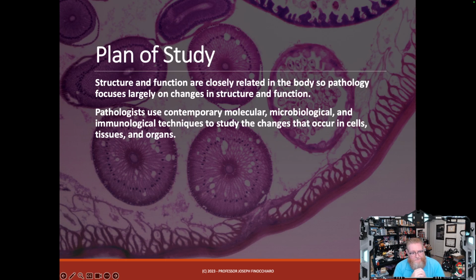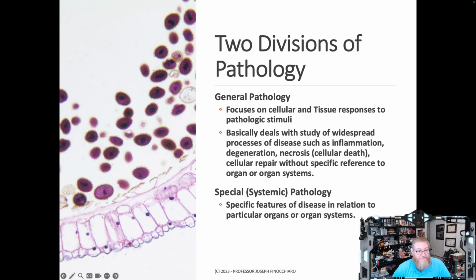Plan of study. Structure and function are closely related in the body, so pathology focuses largely on changes in structure and function. Pathologists use contemporary molecular, microbiological, and immunological techniques to study the changes that occur in cells, tissues, and organs. Two main divisions of pathology we're going to look at are general pathology and special or systemic pathology.